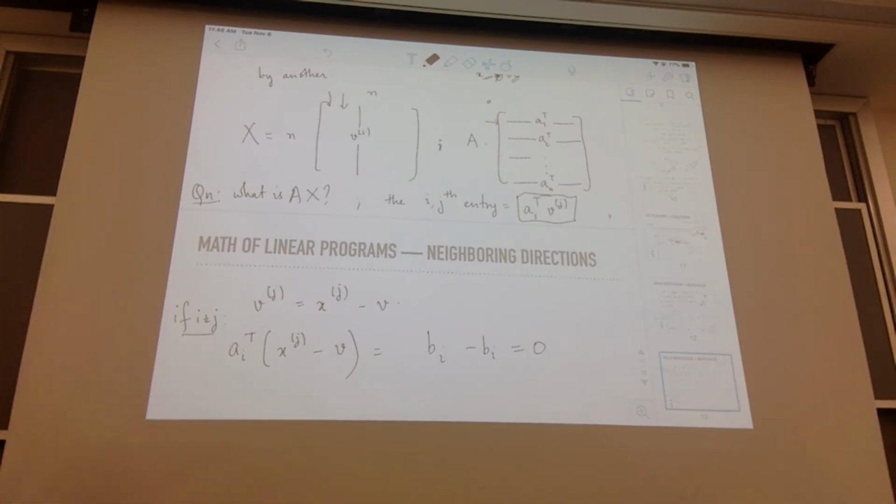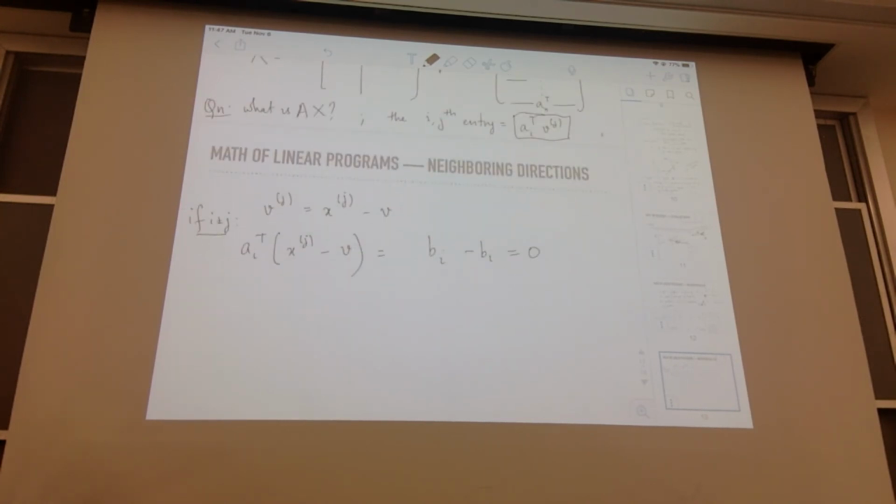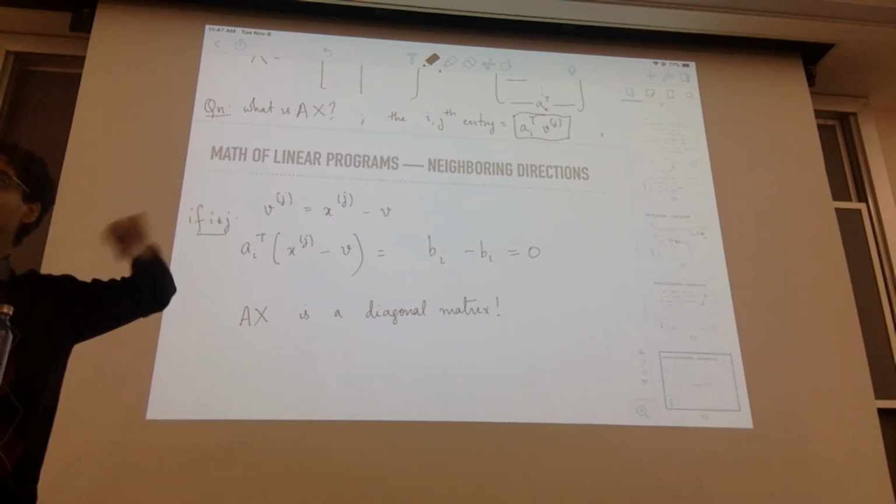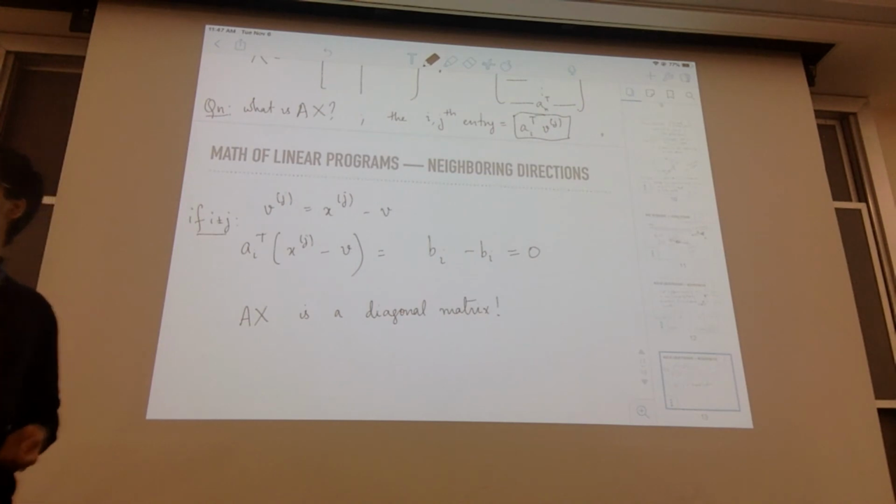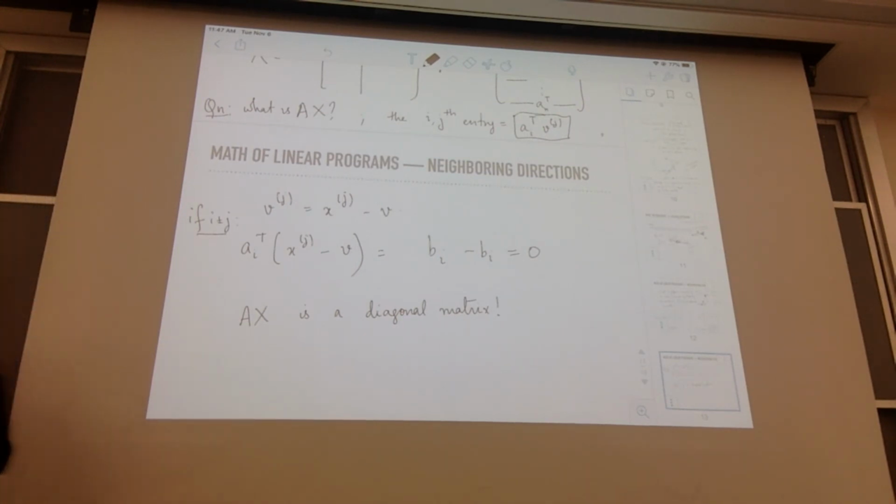And so what this means is that A times x is a diagonal matrix, because A times x has no ijth entry whenever i is not equal to j.